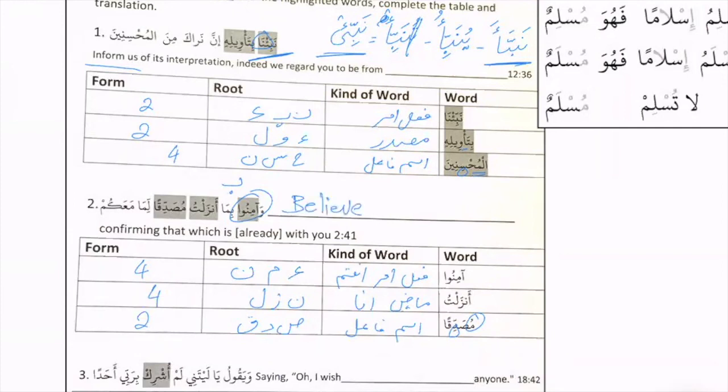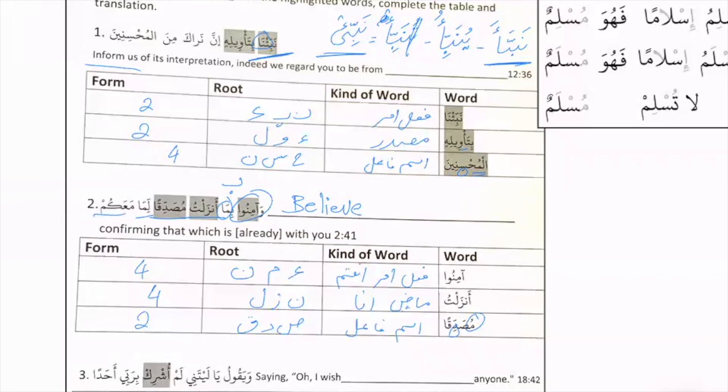In what? Ma anzaltu, whatever. This ma is ma mawsula, right? Whatever I sent, Allah subhanahu wa ta'ala is saying, whatever I have sent, musaddiqan, confirming, lima ma'akum, whatever is with you all.